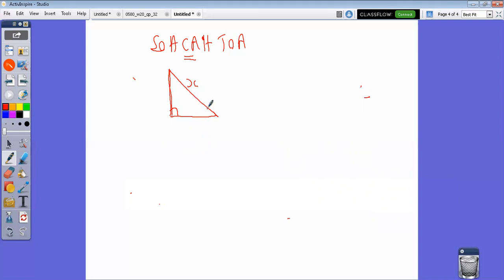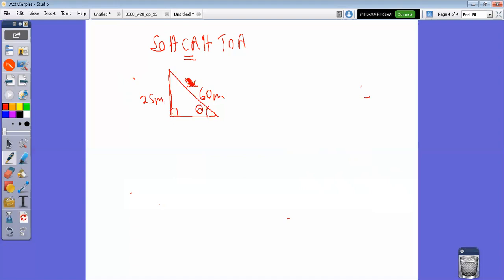Let's say we are given this as 60 meters. Then this angle here, we don't know. Then we are given this one here is 25 meters, like this.